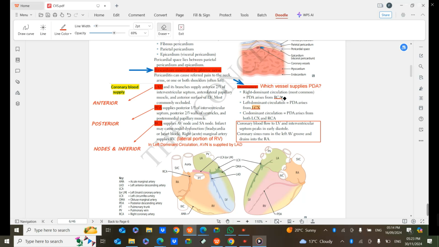For me to determine the dominance of that patient, the next thing I will trace in that question is: is this patient also having mitral regurgitation? If I check through the question, I can't see anything that is related to the mitral valve. Every other examination is normal in that patient. I will be thinking more towards something like left dominant.